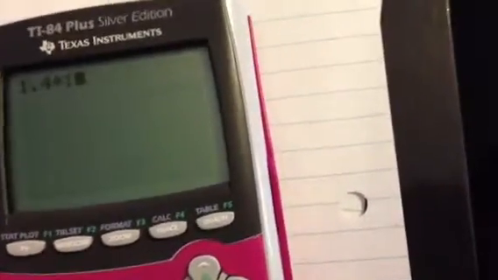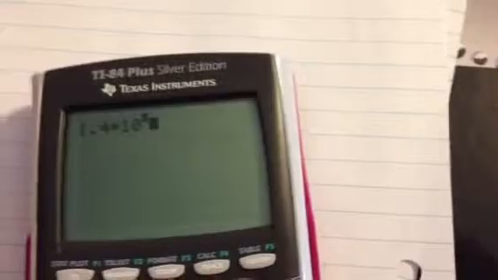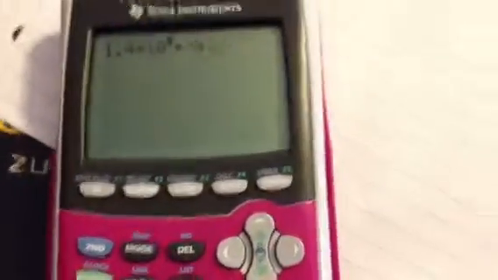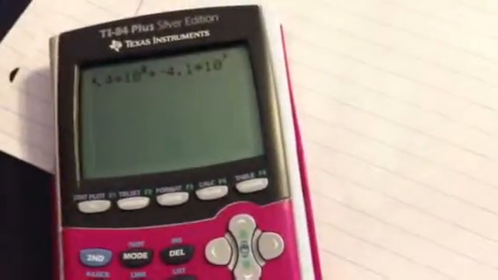And that is going to give us, let's see, 1.4 times 10 raised to the 8th power plus negative 4.1 times 10 raised to the 7th. And that gives us this ginormous number.